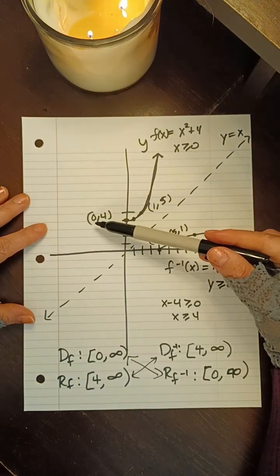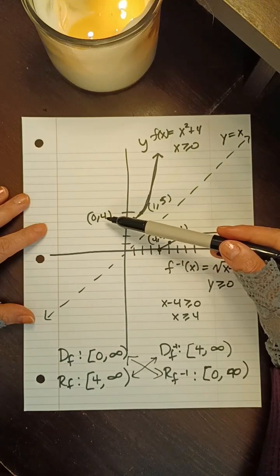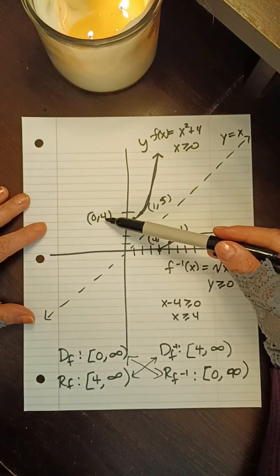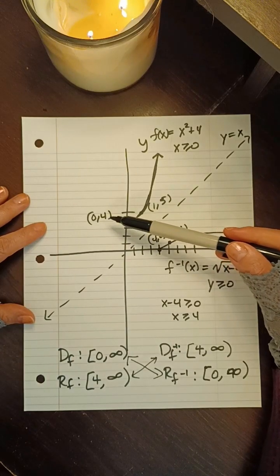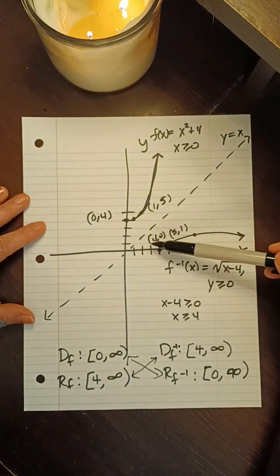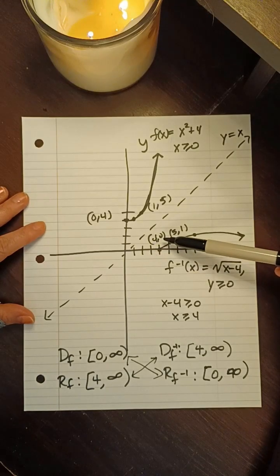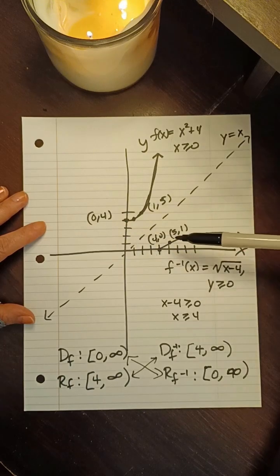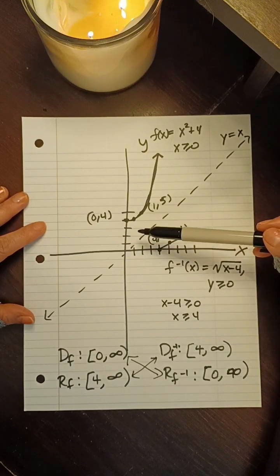So f took 0 and squared it, added 4, and got out 4. Then the output becomes the input of f inverse. It does something to it, which undoes what f did, and the output is 0. So the output is the same as our input because they undo each other.